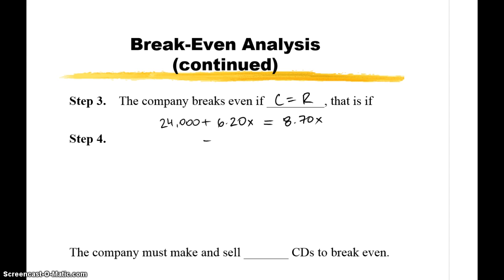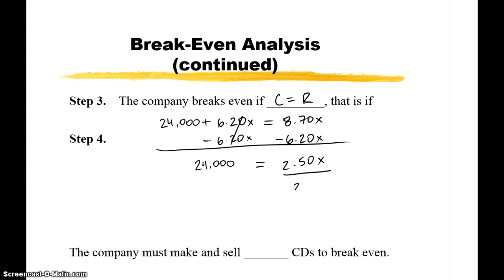And probably a good start would be to subtract 6.20x from both sides here, so that we could solve for x. This is 24,000 equals 8.7 minus 6.2, which is 2.5x, and we should now divide both sides by 2.5.